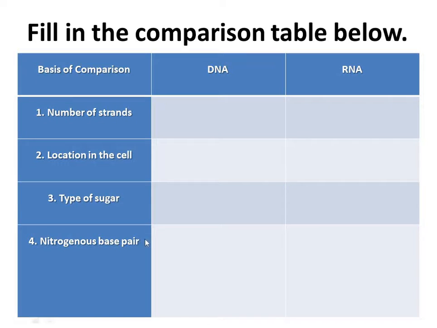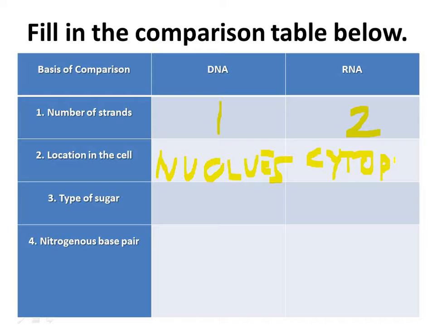Alright. So, dito, kung sasagutin natin na isang strand, dalawang strand, nasagutan na po natin to. Dito po, nucleus. Dito naman po is cytoplasm. O basta yan na po, cytoplasm.